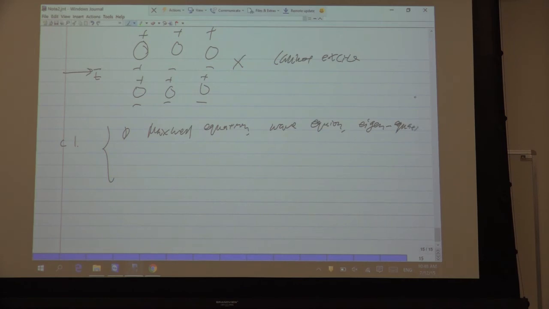Another is about the dipole: use the Green function to calculate the emission power, and maybe for 2 dipoles, how to calculate them. So this is chapter 1. We have 2 questions.